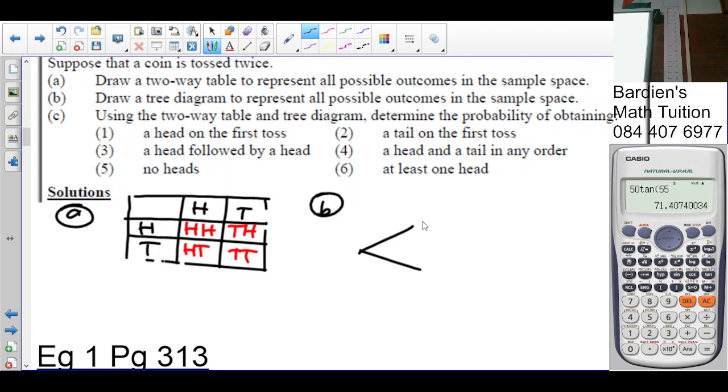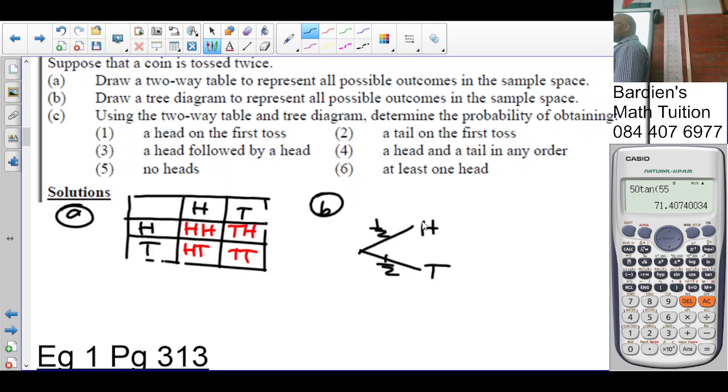It can be either heads or tails. What's the probability of you tossing a heads on your first toss? 50%, or 1 out of 2. So you notice that I put the probability on the branches. If asked for a tree diagram, don't draw a tree in the exam, okay?